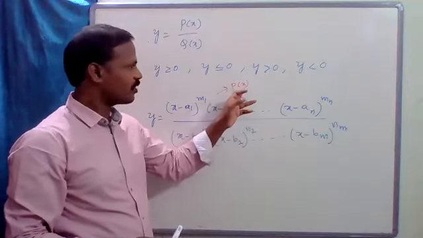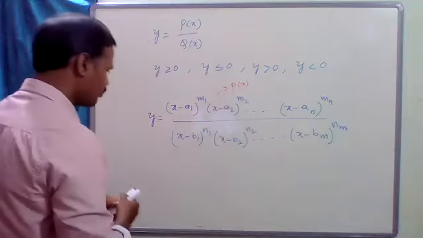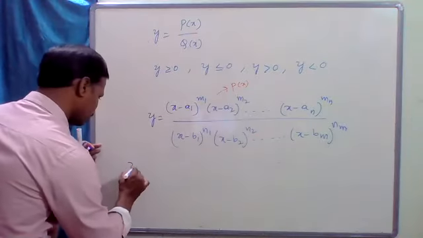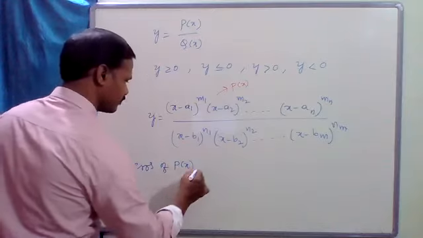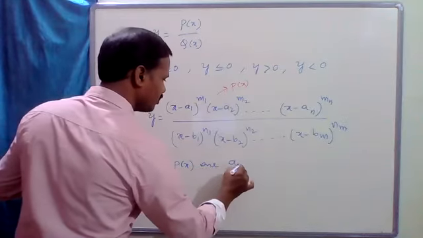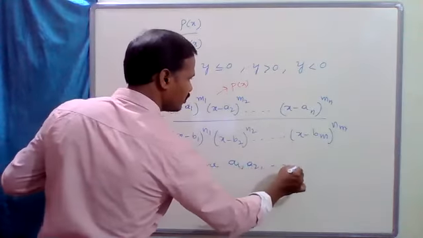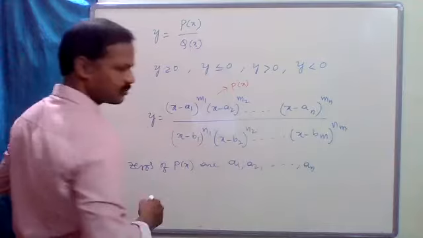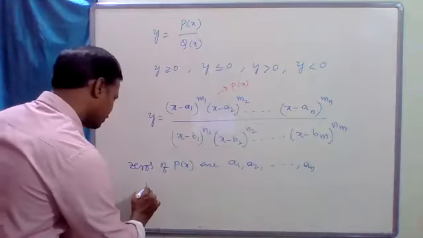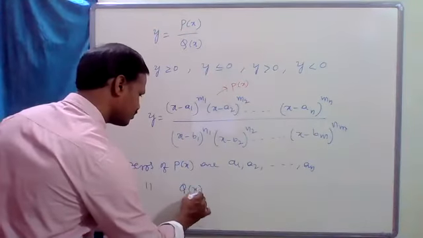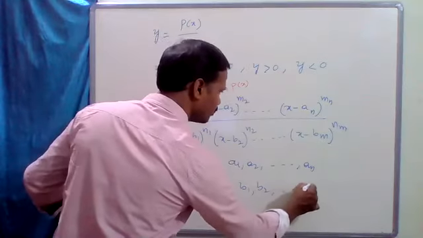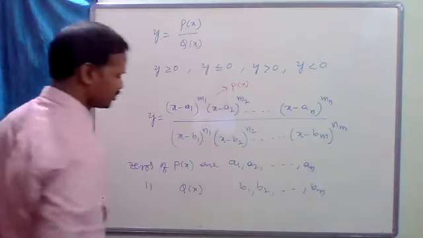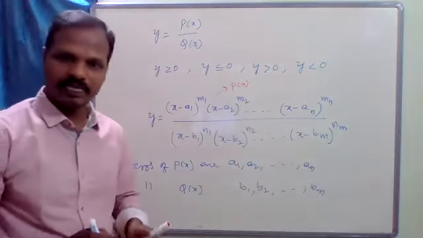So the zeros of p of x are a1, a2, and so on, an. Now the zeros of q of x are b1, b2, and so on, bm.